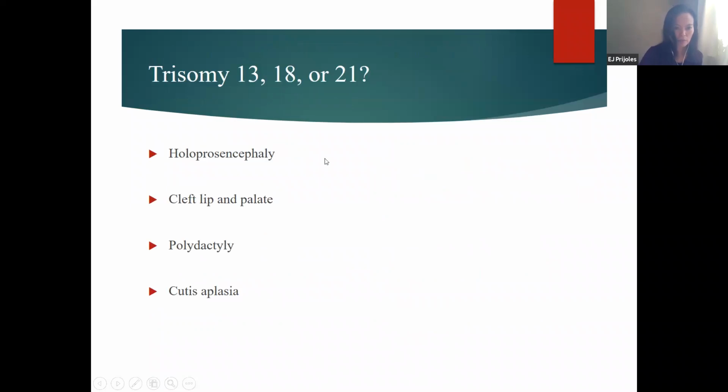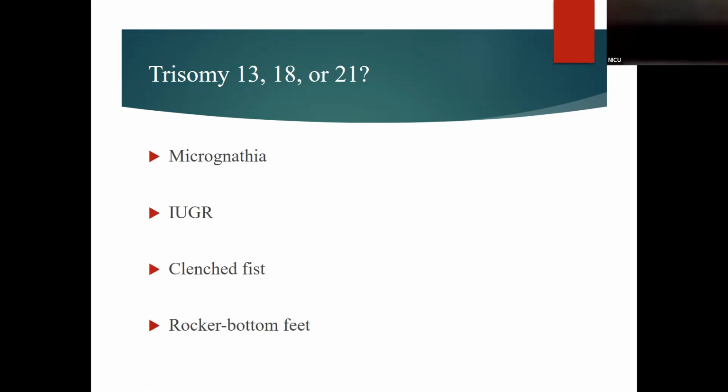Okay, with these birth defects, which trisomy are you suspecting? Trisomy 13 is holoprosencephaly. Right, good. And then this one.